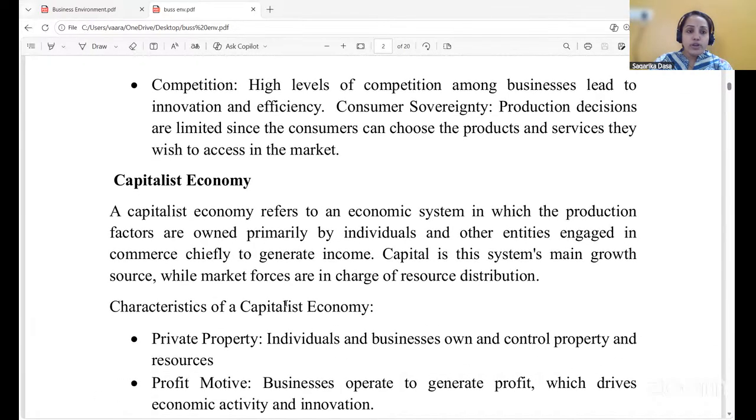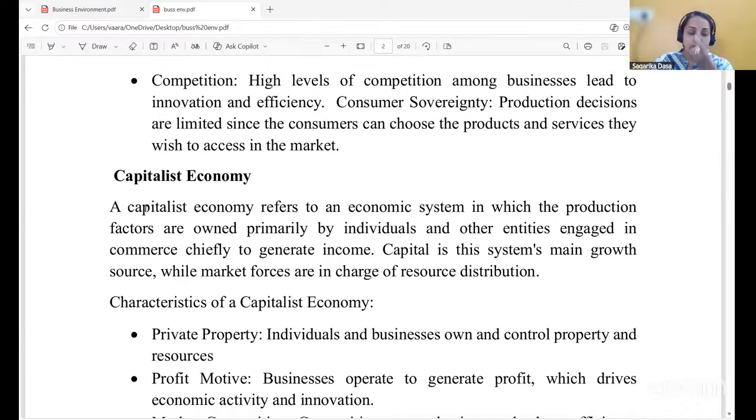The second type of economy we have is the capitalist economy. A capitalist economy refers to an economic system in which the factors of production are owned primarily by individuals and entities engaged in commerce chiefly to generate income.